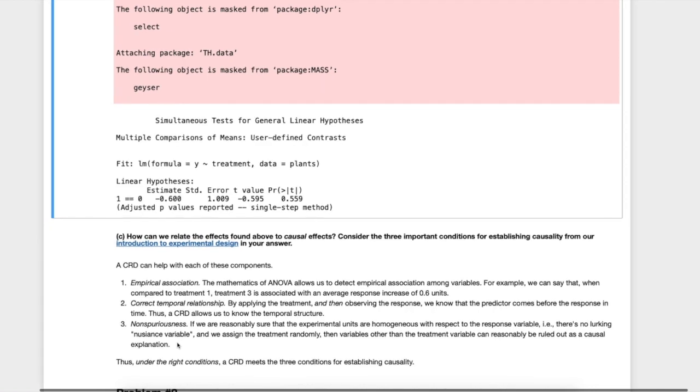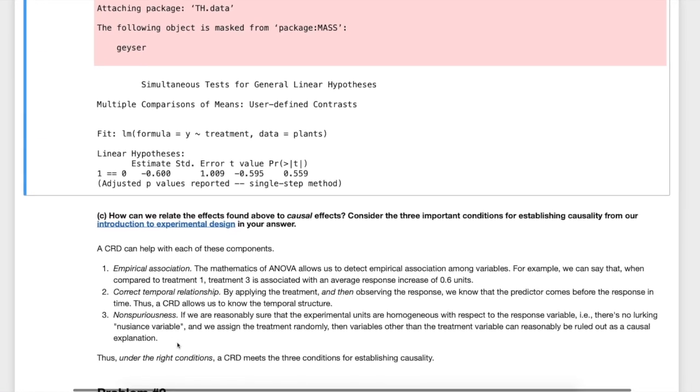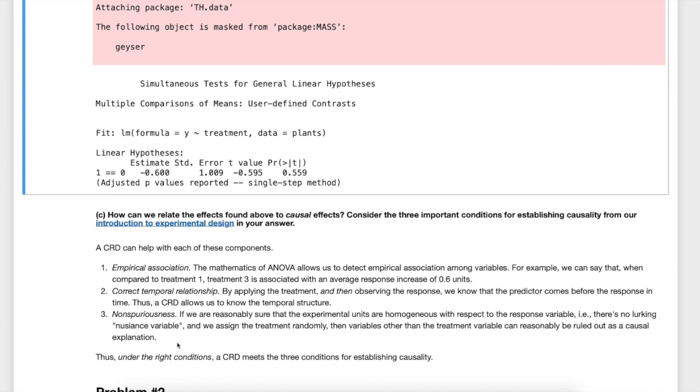So for empirical association, really that's what ANOVA is all about, right? The mathematics of ANOVA allows us to detect empirical association among variables. And so, the math itself allows us to find association. And if we have these 2 other conditions met, which the experimental design helps us achieve, then we can say something about causality.